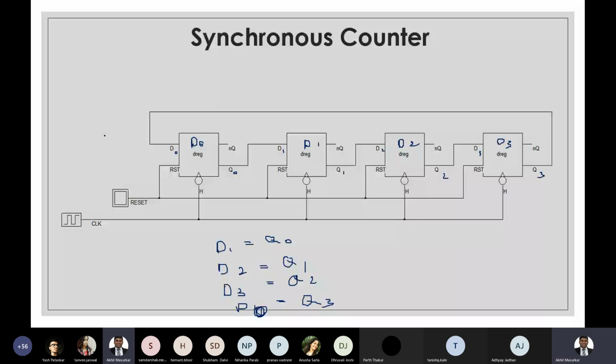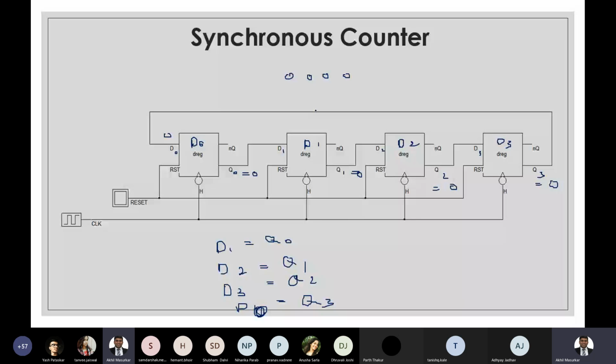Here we get 0, here 0, here 0, and here also 0. And this 0 comes back here, so the output again becomes 0. The outputs of this counter will always be 0, 0, 0, 0, and there is no way to make it 1. That is the problem.